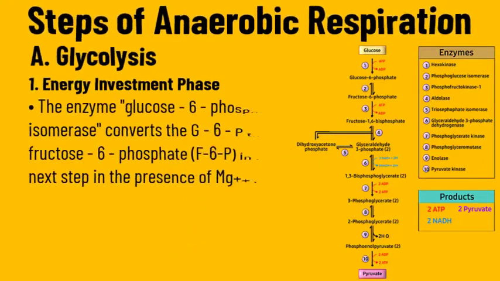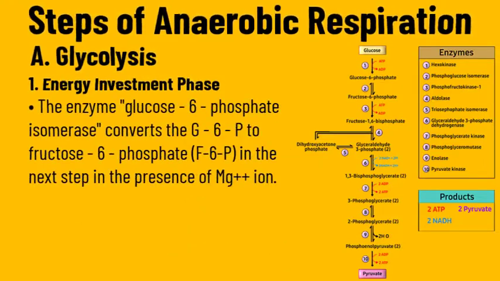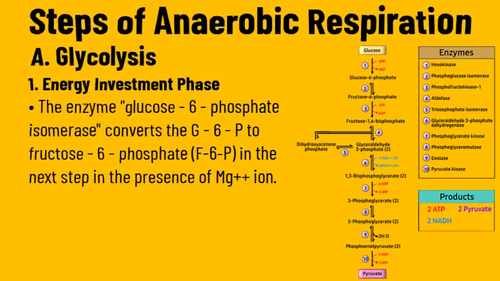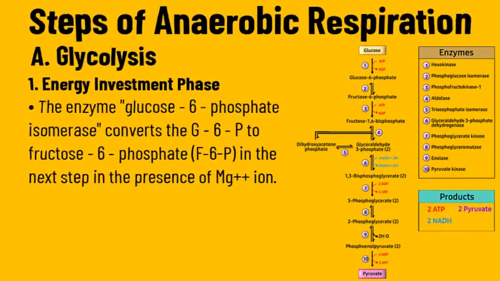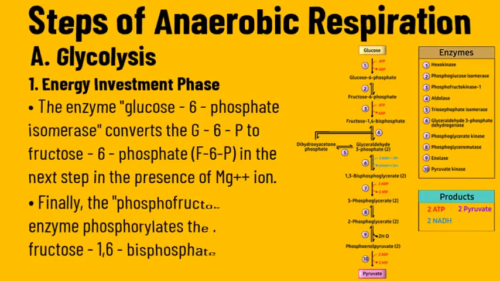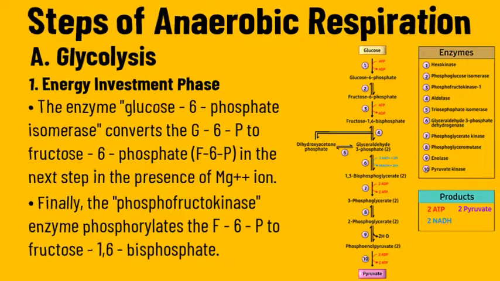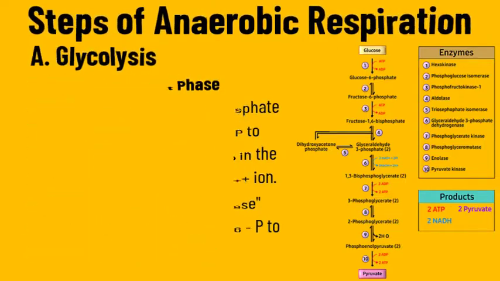The enzyme glucose 6-phosphate isomerase converts the G6P to fructose 6-phosphate, F6P, in the next step in the presence of magnesium ion. Finally, the phosphofructokinase enzyme phosphorylates the F6P to fructose 1,6-bisphosphate.